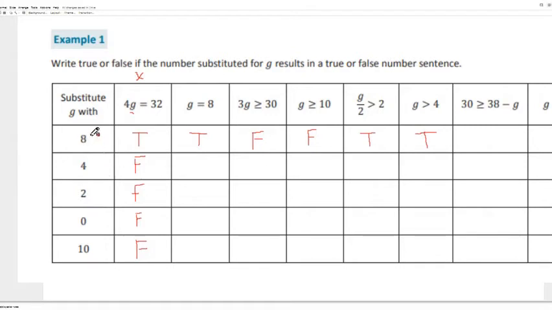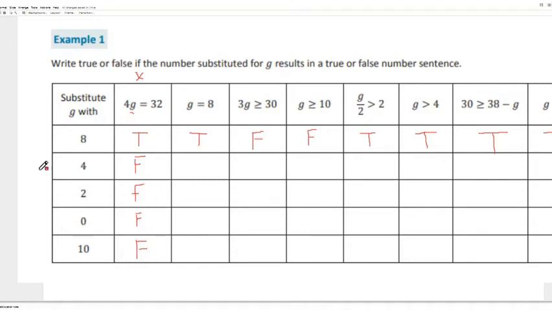Got a couple more. If I plug in 8 for g, is g greater than or equal to 8? Well, in this case, g is 8. So therefore, 8 is greater than or equal to 8. So the answer is yes, that's true.